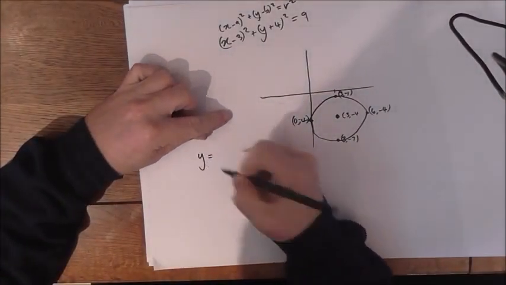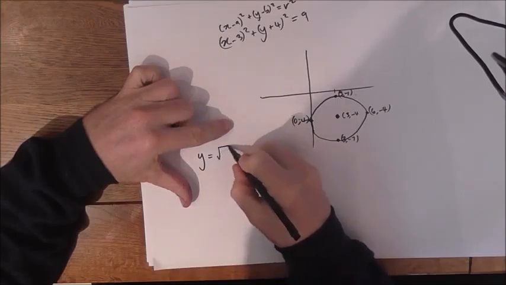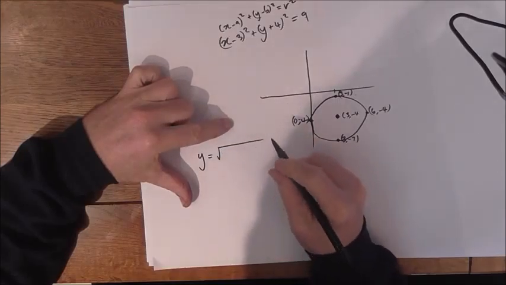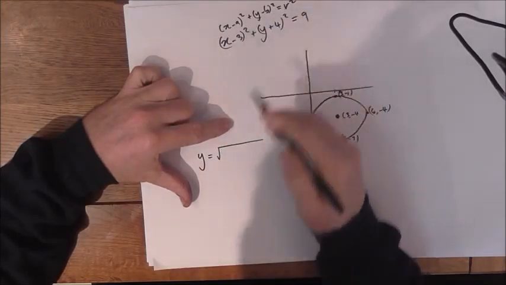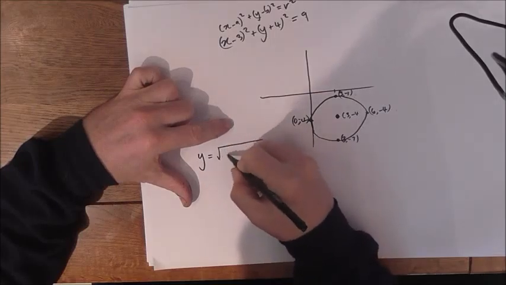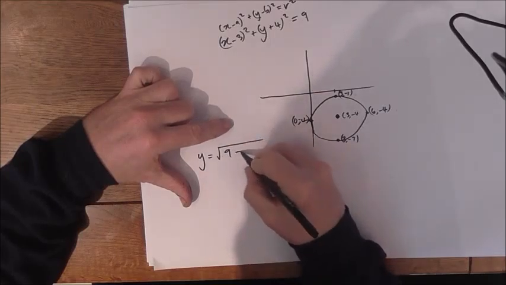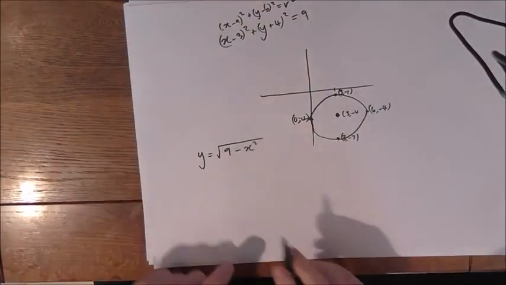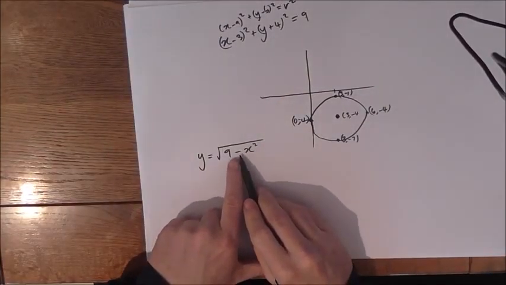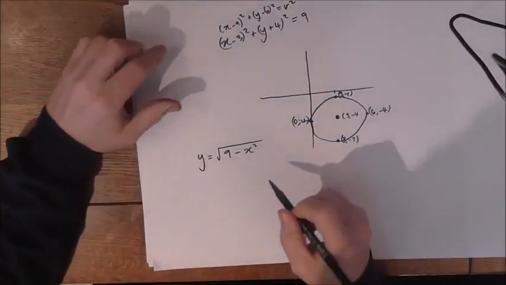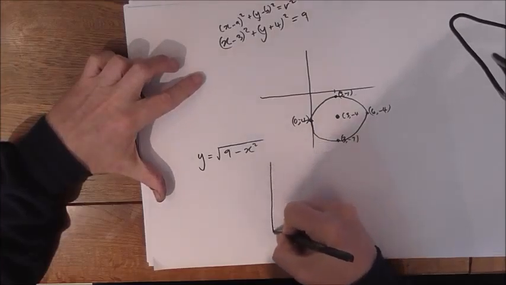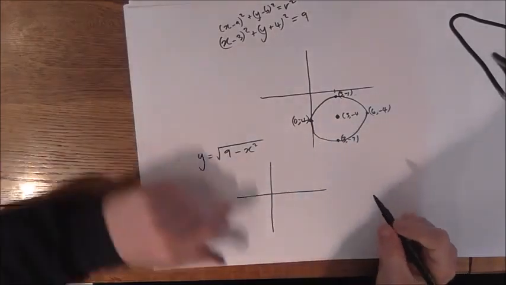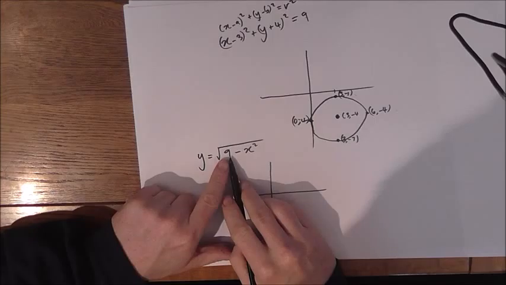Now, what else? If you have not all this squared business, but a square root, as long as the x squared is after the subtraction, then this is a semicircle. Semicircle centered at the origin. And it's really easy to work out how big you should make it. Just do a y-intercept.